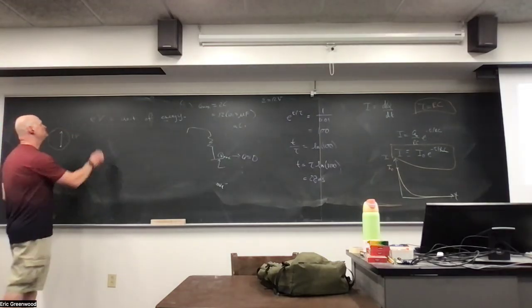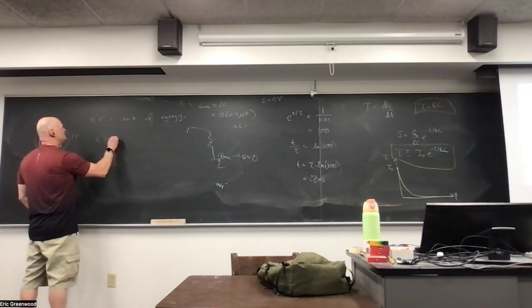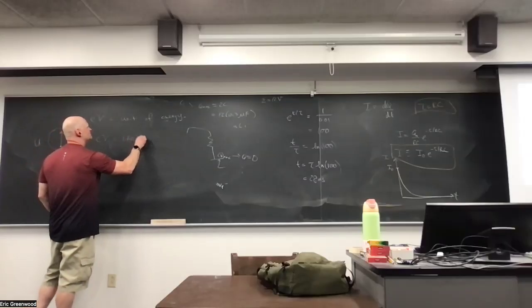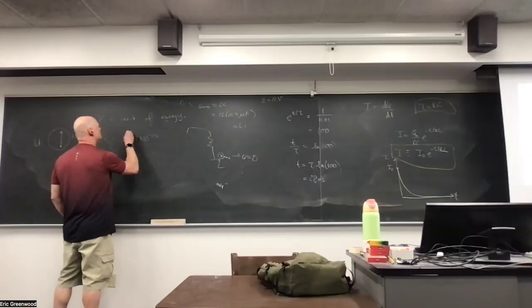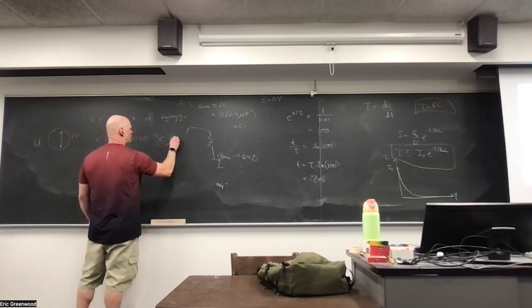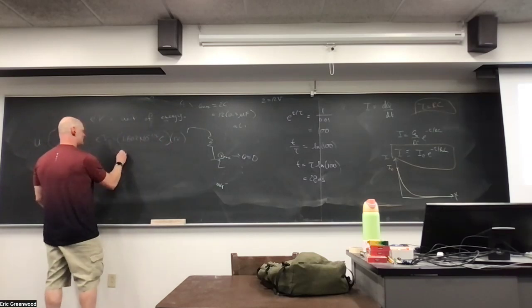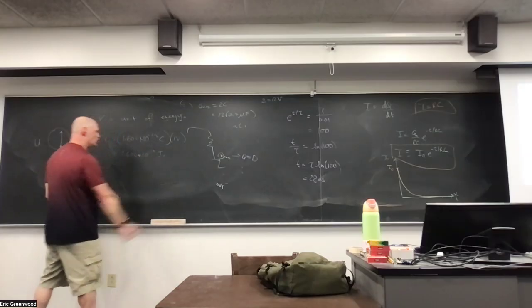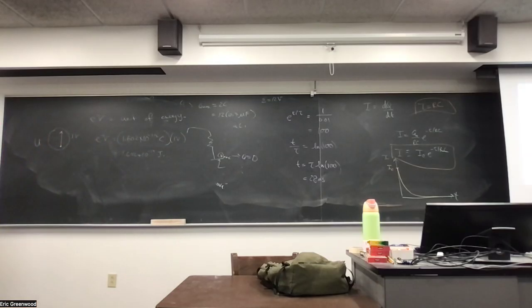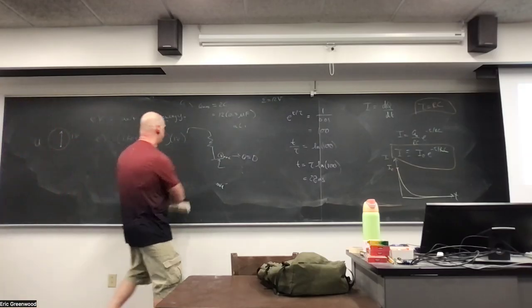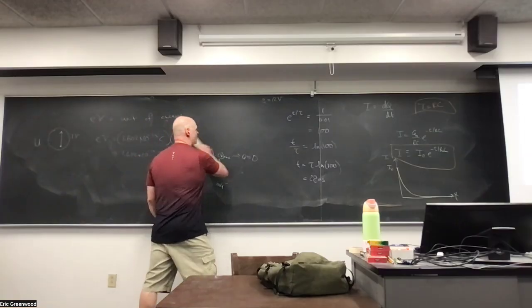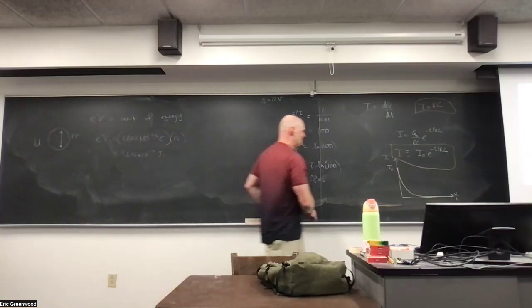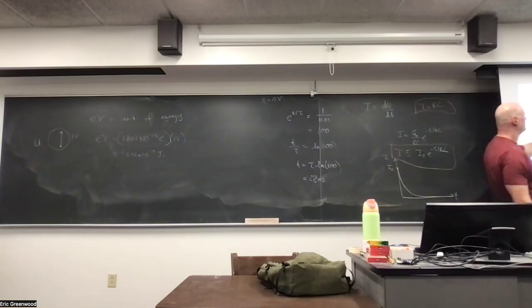This is a 1 volt potential, which means that an eV is the same thing as 1.602 times 10 to the minus 19 coulombs times 1 volt, which is the same thing as 1.602 times 10 to the minus 19 joules. So the relationship between an eV and a joule is by the charge of an electron, which is 1.602 times 10 to the minus 19. So that's an eV. So here you have a mega eV, and a mega eV is 10 to the 6th.